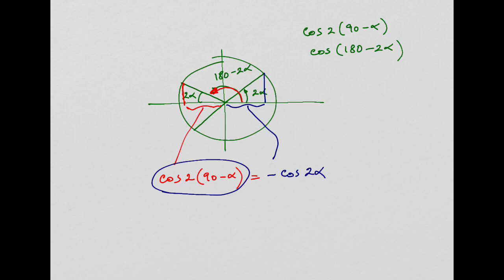Because cosine of this angle will be a negative number, right? Cosine of this angle in red is this bit here, on the negative side.